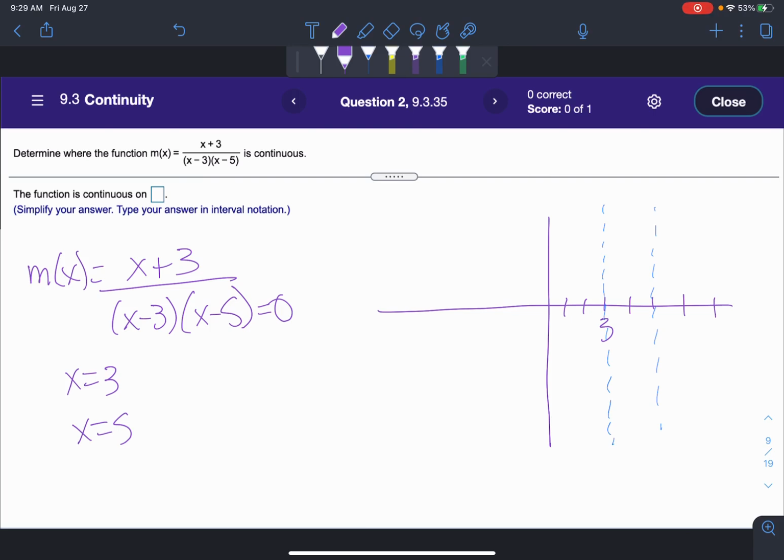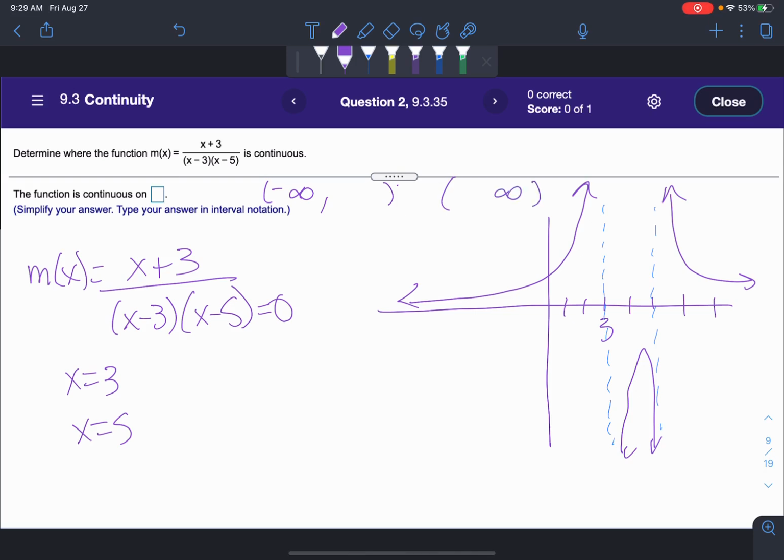Okay, and if you graph the function, it would look something like this, where you would see I'm picking up my pencil to draw these individual sections. So we do have discontinuity. And so we would just make the interval from negative infinity to positive infinity, but we have to remove those points, 3 and 5. So negative infinity to 3, and then we want to include everything from 3 to 5, because that's this piece.